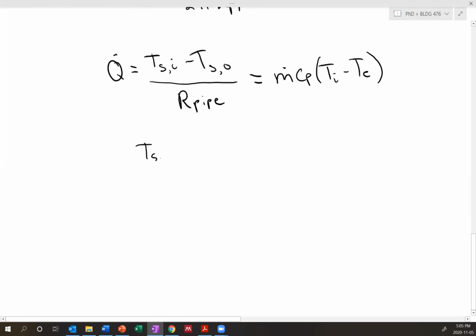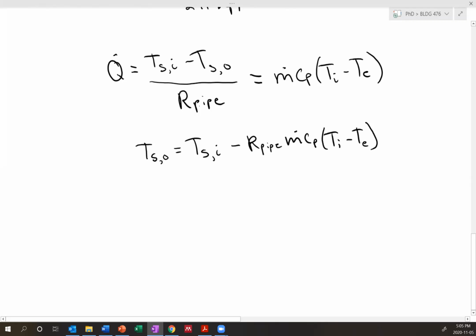So our surface temperature on the outside is equal to the temperature on the inside, minus our pipe resistance times m dot Cp times T inlet minus T exit.